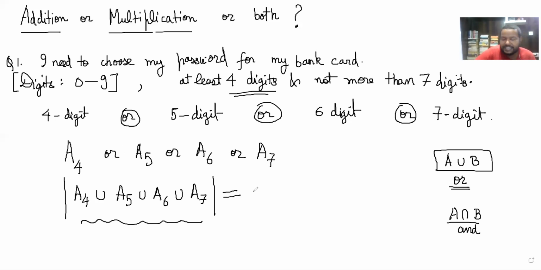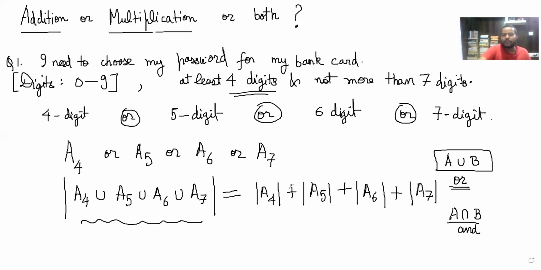Now this is very easy because we know the addition principle. So this is clearly mod of A4 plus mod of A5 plus mod of A6 plus mod of A7. And I'm sure all of you can figure out how many ways you can create a 4-digit number using 0 to 9. There is no restriction, so it will simply be 10 power 4. You are selecting a 4-tuple, and it is 10 power 4 by the multiplication principle.